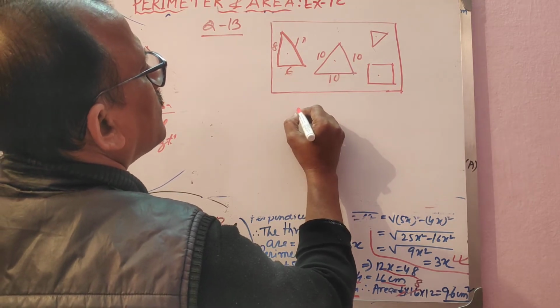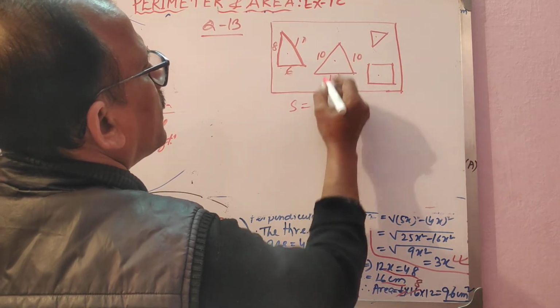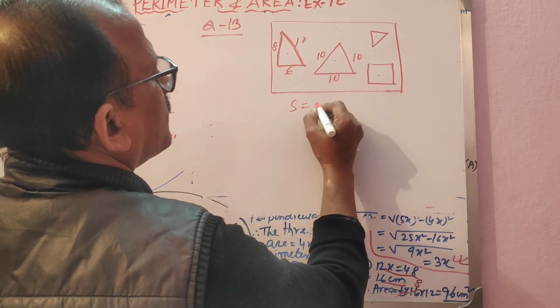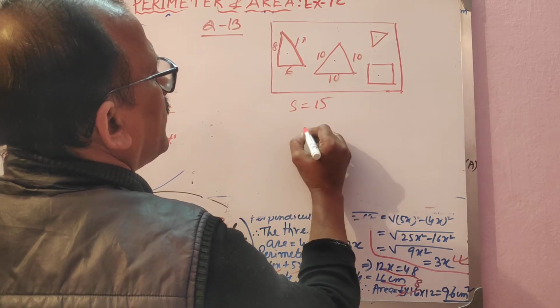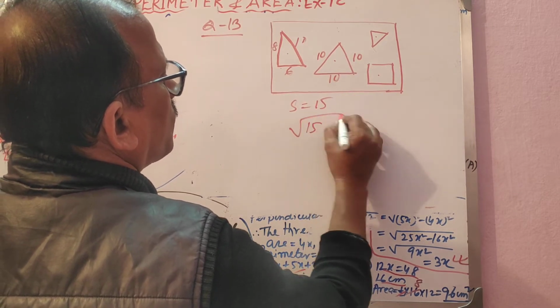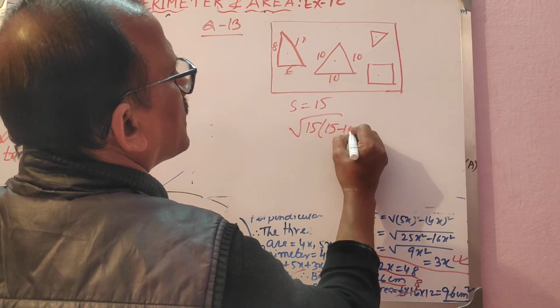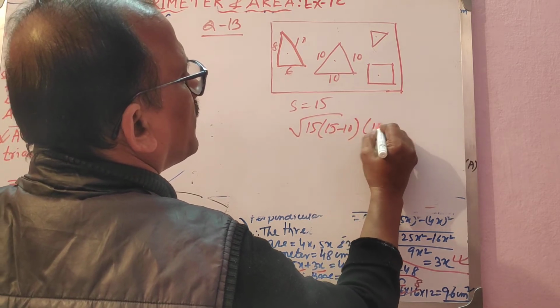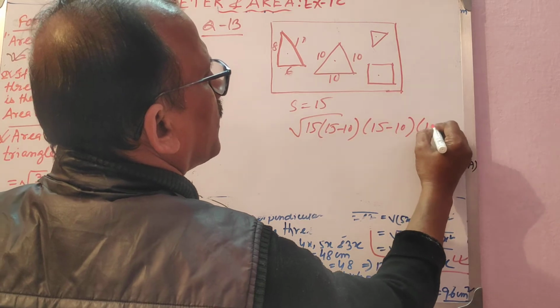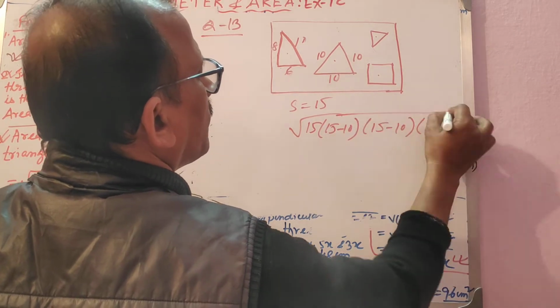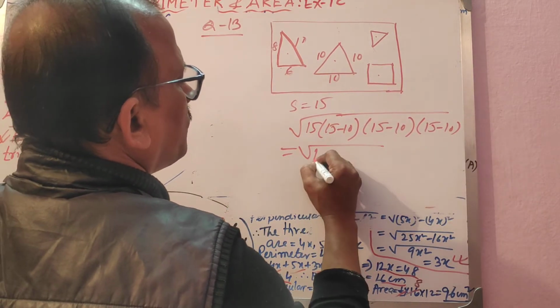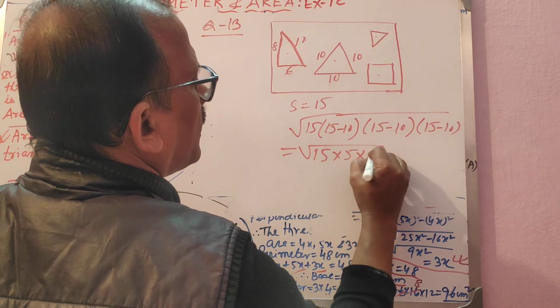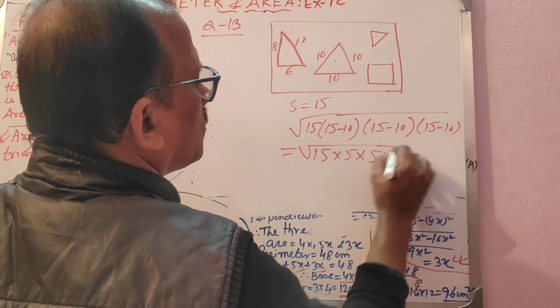S will become 10 plus 10 plus 10, 30 by 2, that is 15. So area will be root over of 15 into 15 minus 10 into 15 minus 10 into 15 minus 10. That also will do. If you do it, then what will come? Just say 15 into 5 into 5 into 5, root over of that.